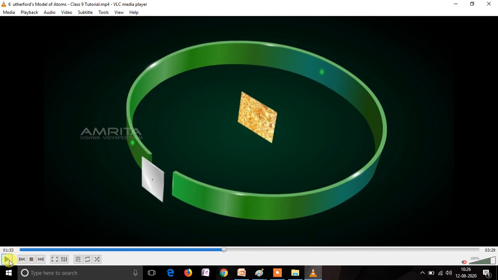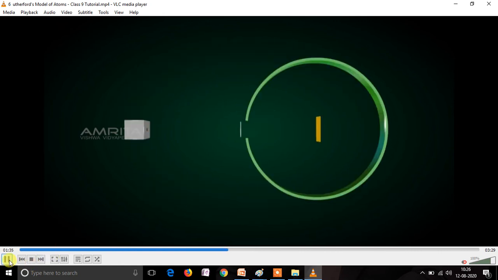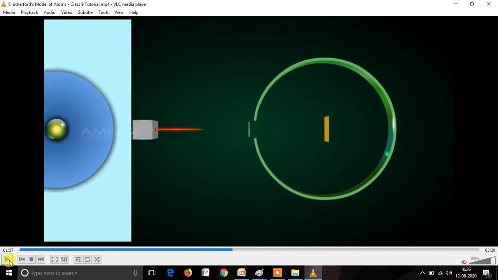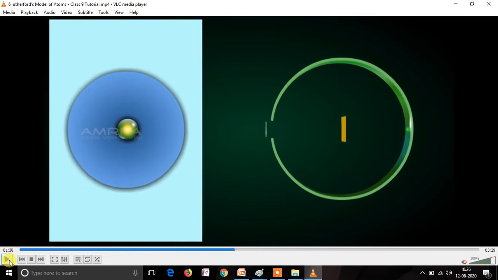Now, when alpha particles pass through the gold foil and produce scintillations at several different areas of the zinc sulfide screen, this shows that many of the alpha particles went straight and produced scintillation exactly in front of it.